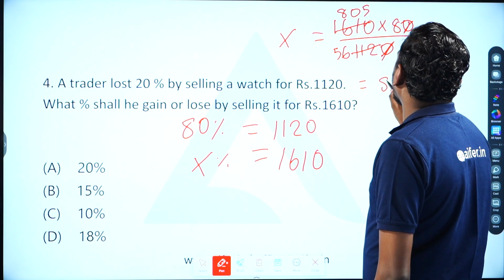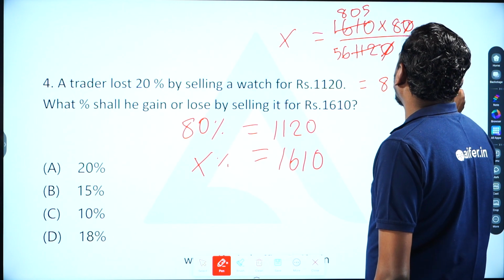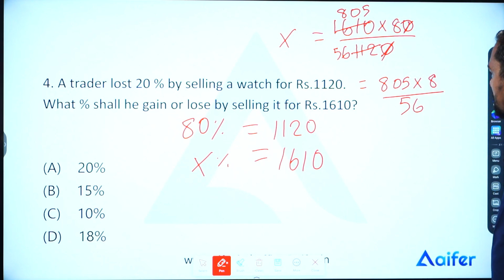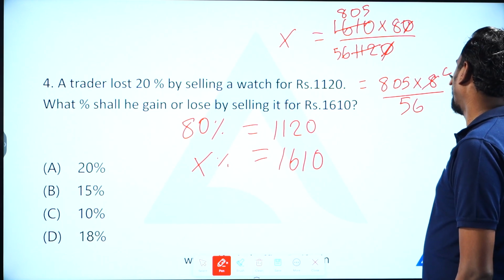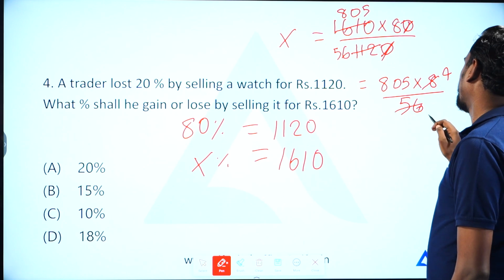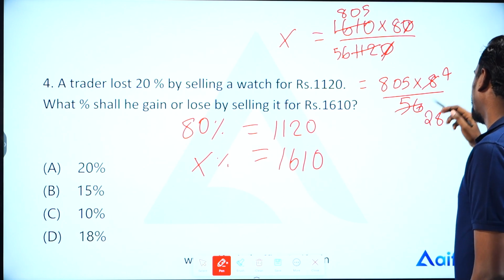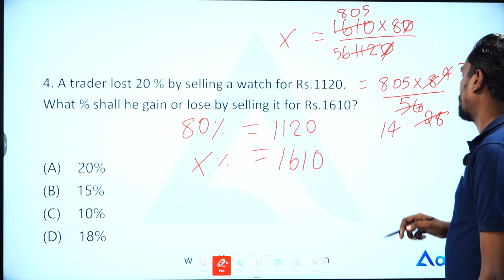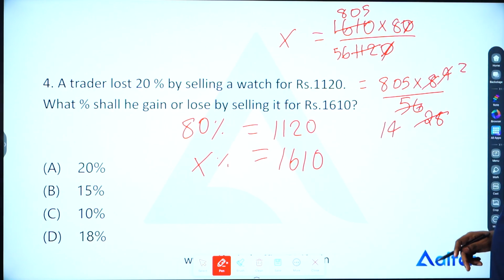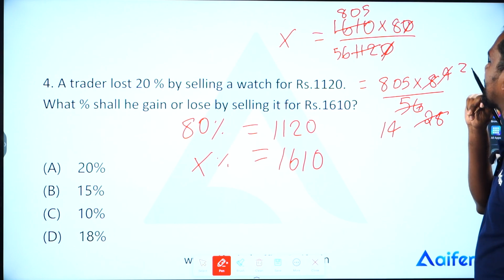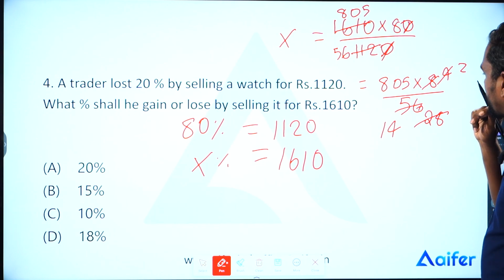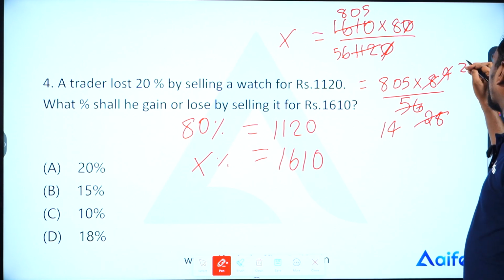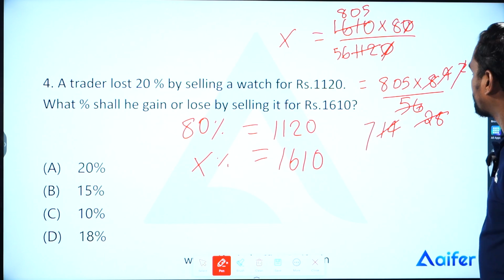So we have 805 into 8 by 56. We have 8 4 times 56, 28 times 2 times, then we have 14 times. Then we can say 7 7, then 2 7 times.